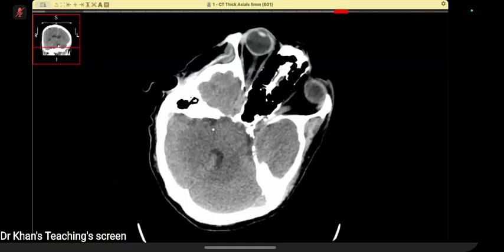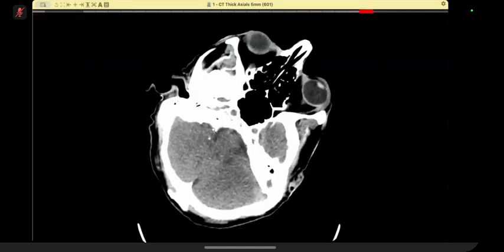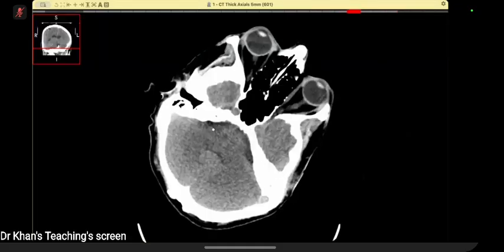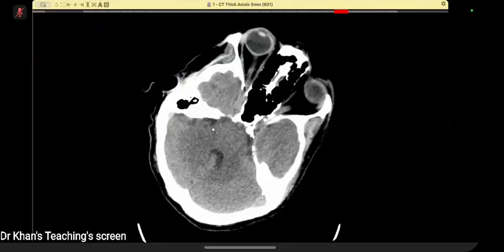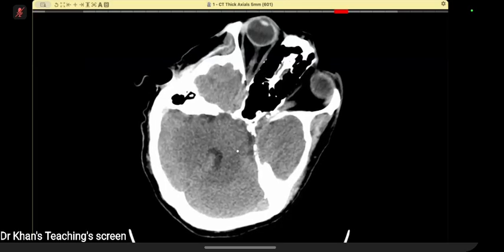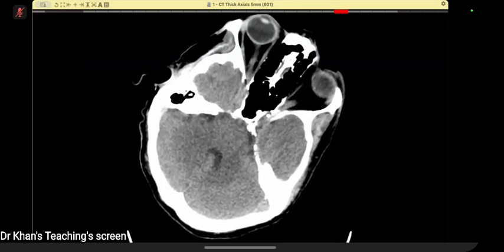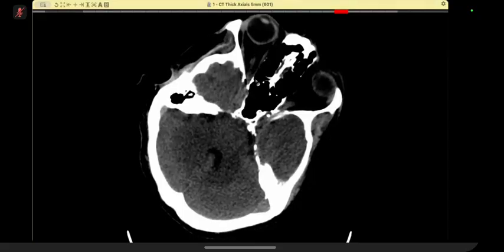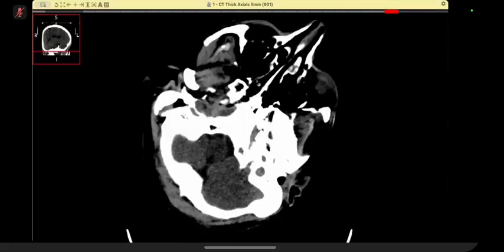Sir, can you please show me the area of the internal acoustic meatus? Can you please change the window a bit? The soft tissue is appearing a bit hyperdense. Yes, that's better.